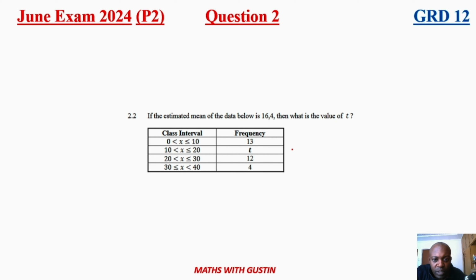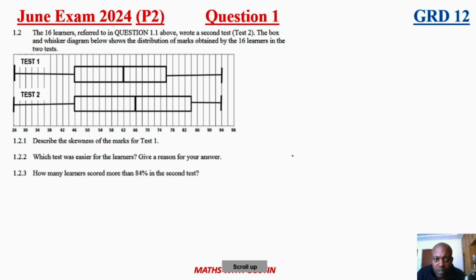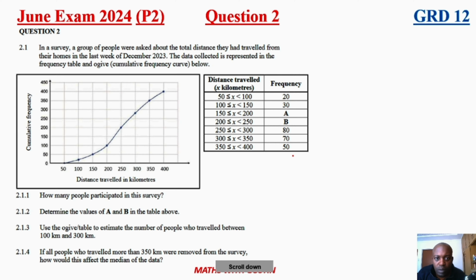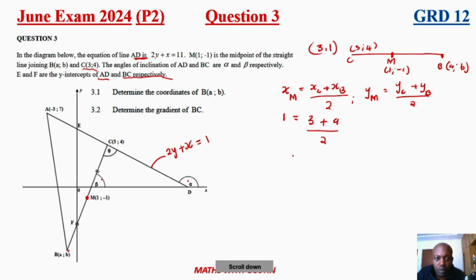Cross multiply: 2 times 1 will give us 2, which equals 3 plus A. So in order to get A, you say A equals 2 minus 3, which gives us negative 1. A similar thing you would do here.